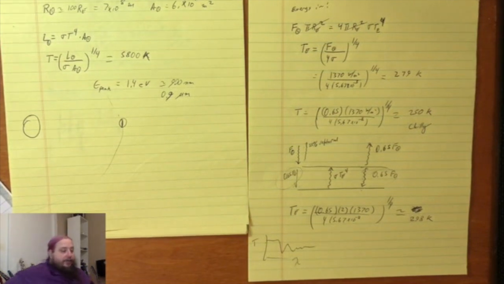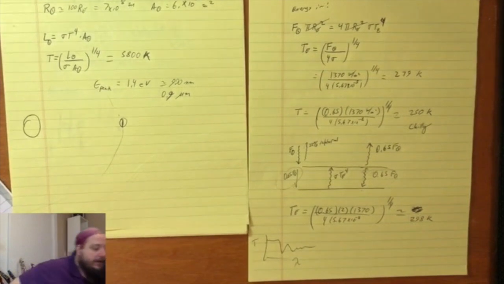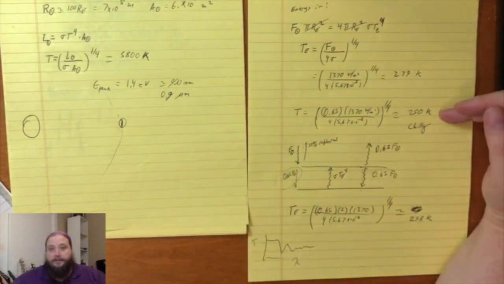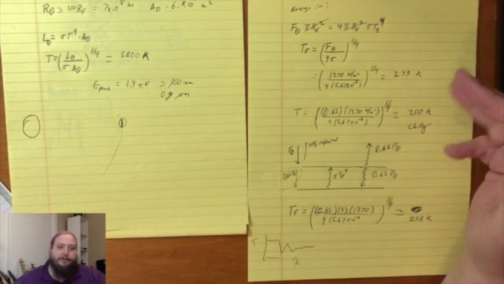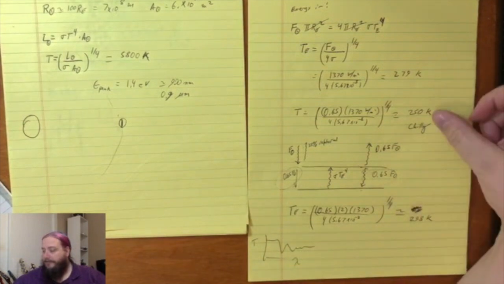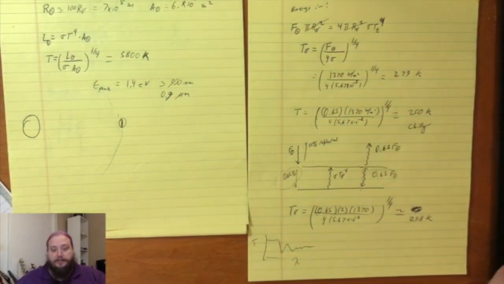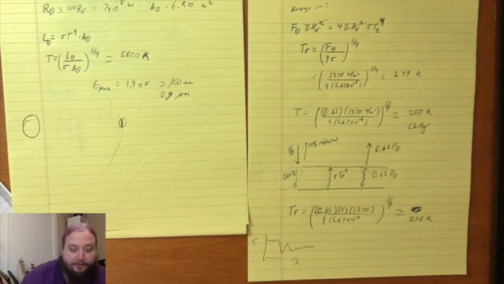And therefore, the Earth's atmosphere is a lot more transparent to the incoming energy than it is to the outgoing energies, which is what raises our temperature from its natural 250-ish Kelvin for this distance from the sun to the more like 300-ish Kelvin that we actually see on the surface of the Earth.